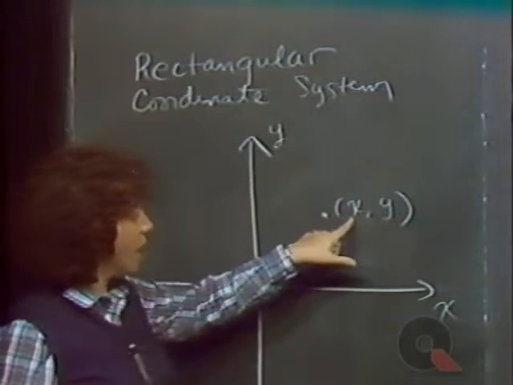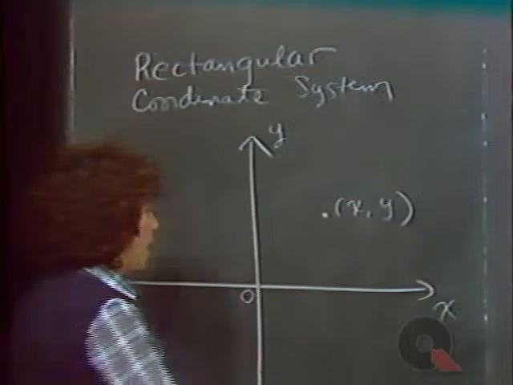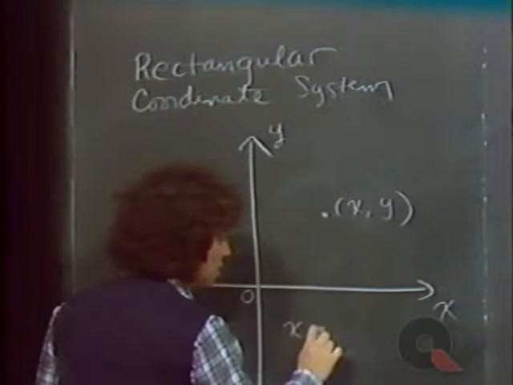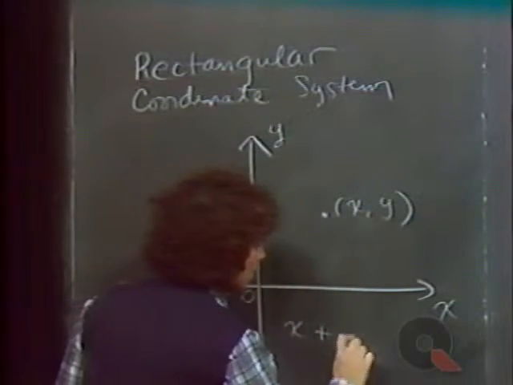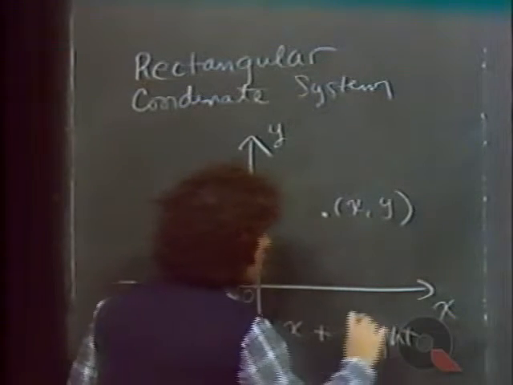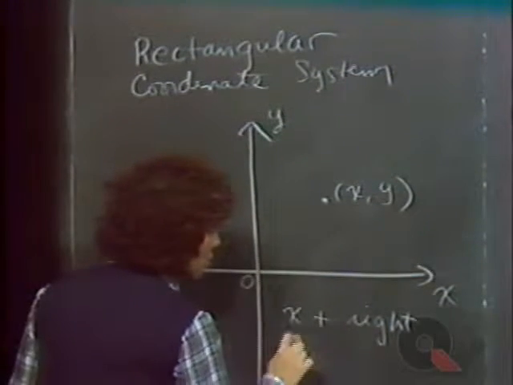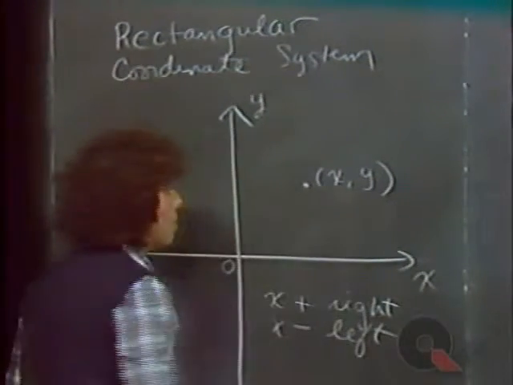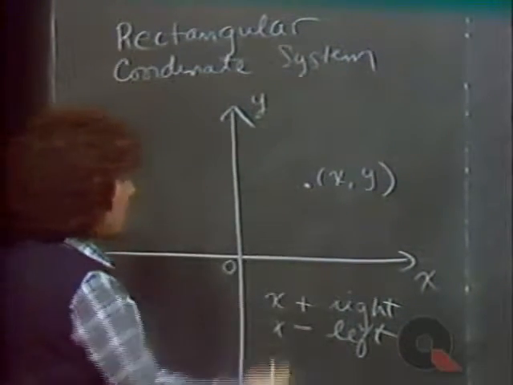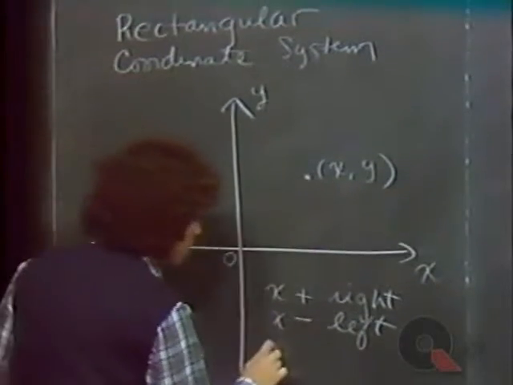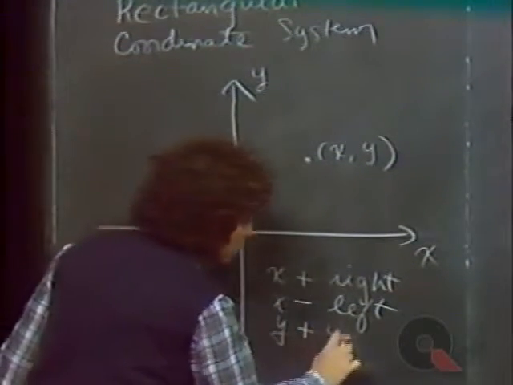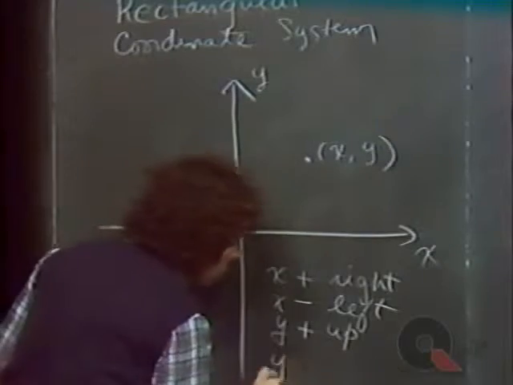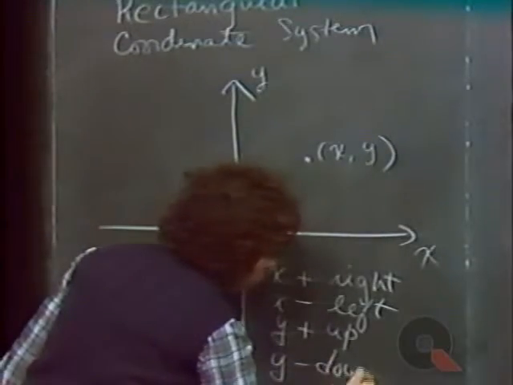The x-coordinate he looks at first, and if the x-coordinate is positive, he moves to the right, the designated number of units. If the x-coordinate is negative, he moves to the left, the amount of units written. When he gets there, he then looks at the y-coordinate. If y is positive, he moves up that number of units, and if y is negative, he moves down.